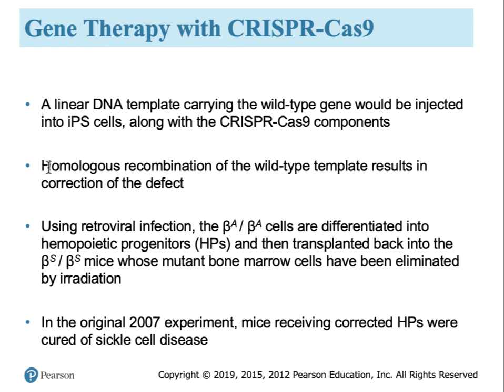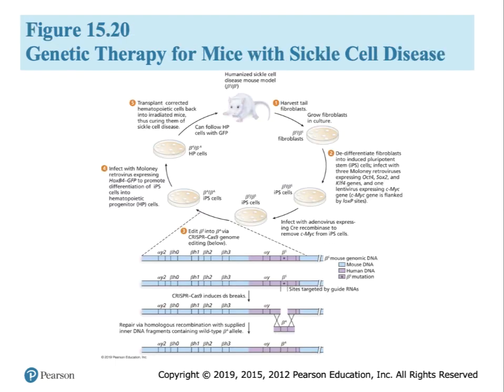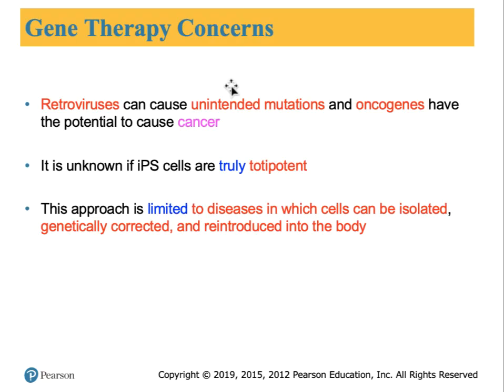And through homologous recombination, once the CRISPR system had cut within the gene, the insertion of the normal copy of the allele would take place. Using either the classical method or the new Cas9 system, the results were that the mice were cured of sickle cell disease. As always, the concerns exist with various steps of these protocols.